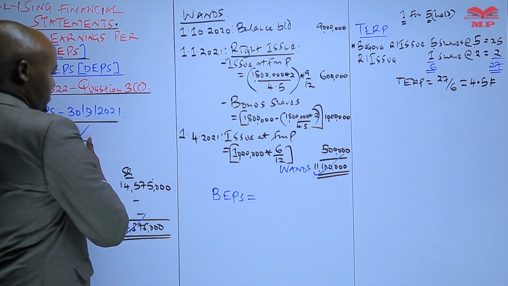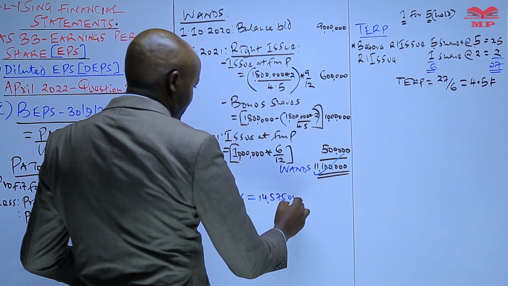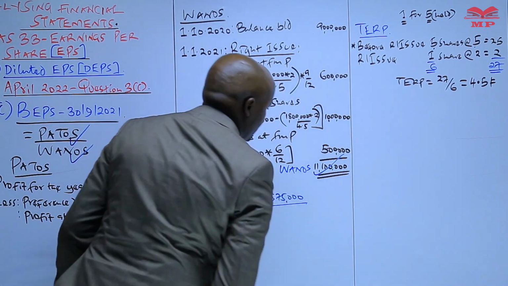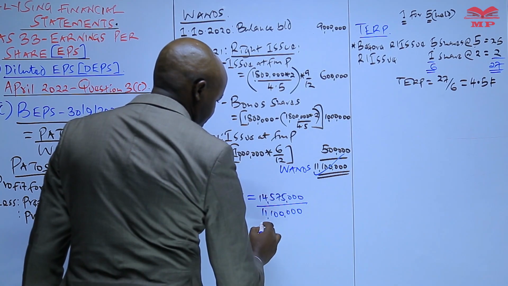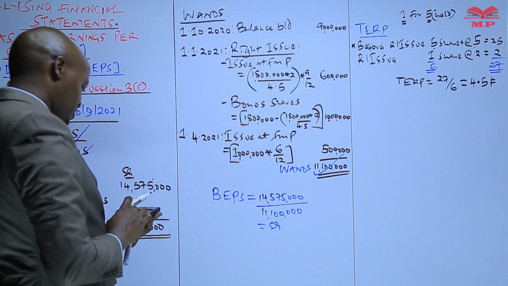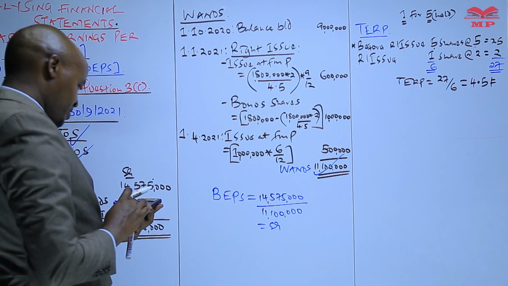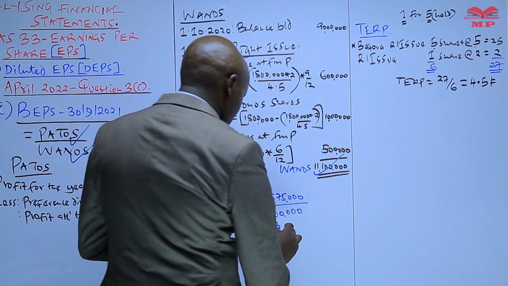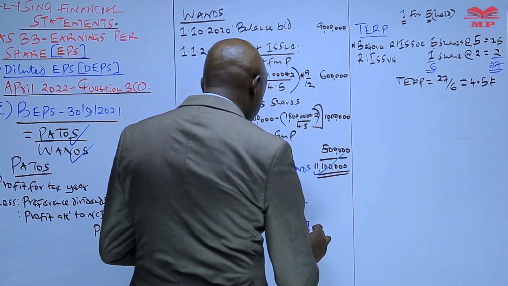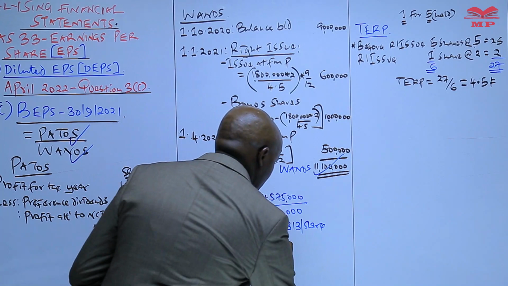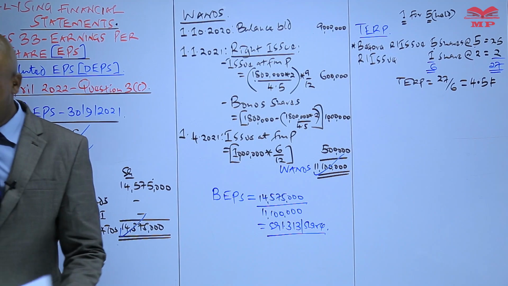So the basic earnings per share is equal to PATOS, 14,575,000, divided by the one-offs, which is 11,100,000, and we get the final answer, which is 1.313 shillings per share. So that is it. That is what was required as far as Roman 1 of that question is concerned.